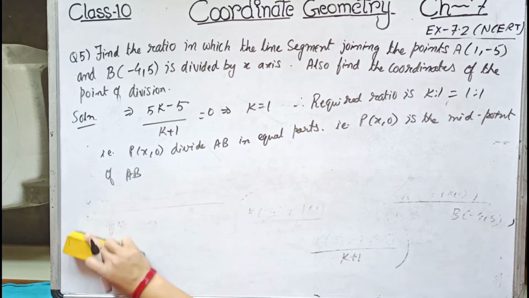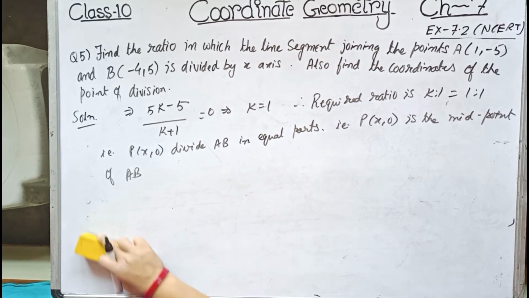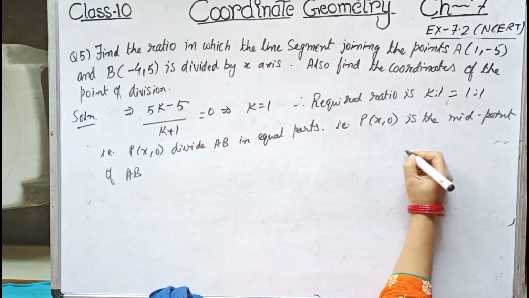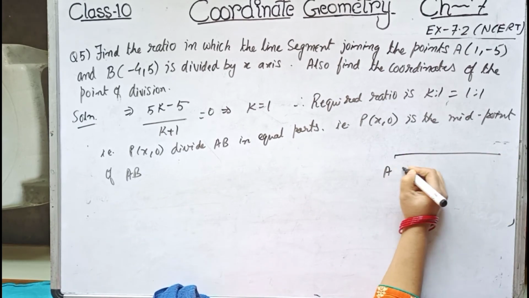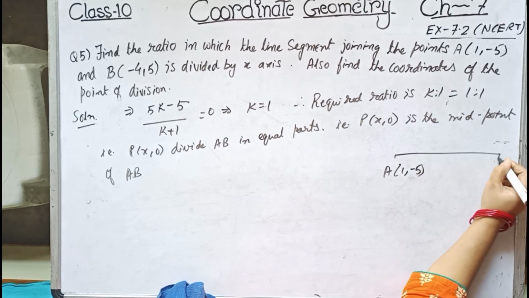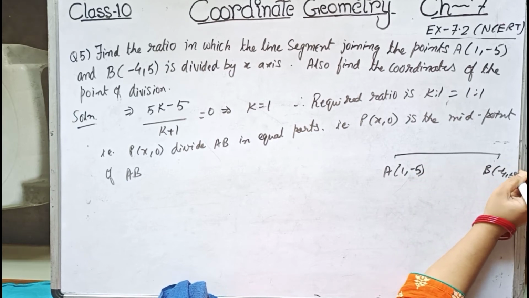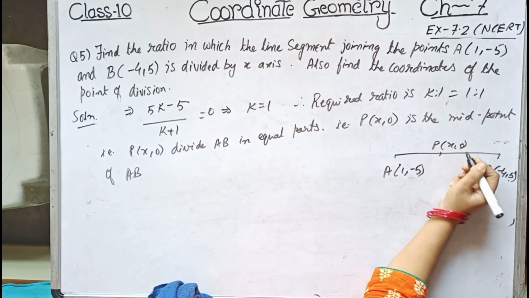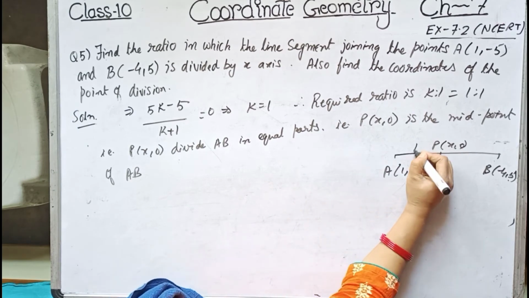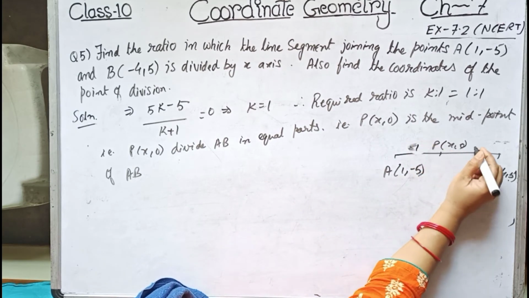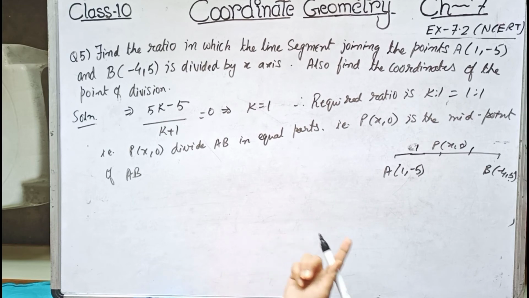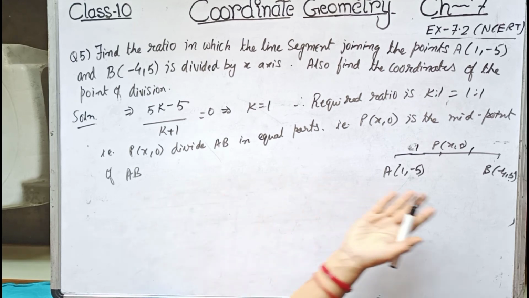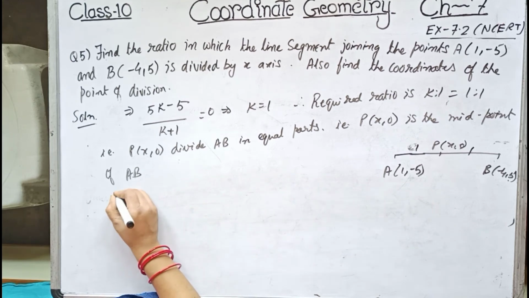The next part of the question says: also find the coordinates. A was (1, -5) and B was (-4, 5), and this one is P (x, 0), and now it is 1:1. Now we have to find the coordinates of the point of division. Actually we have to find the value of x, because the second coordinate is 0 only.